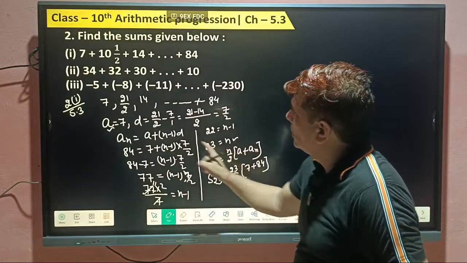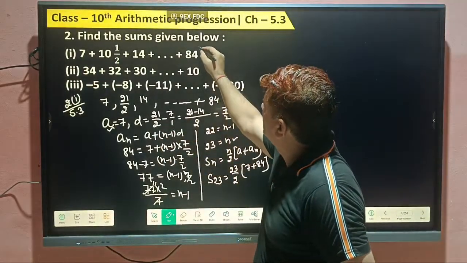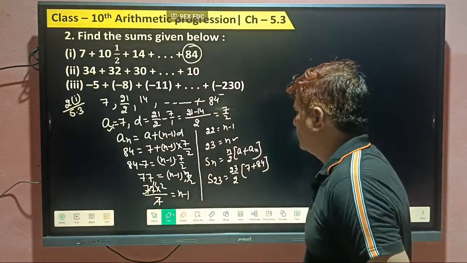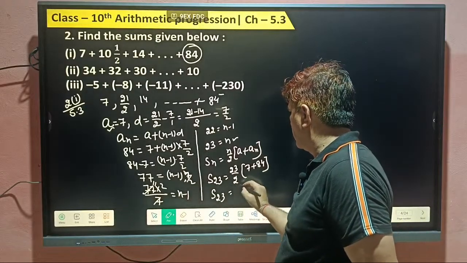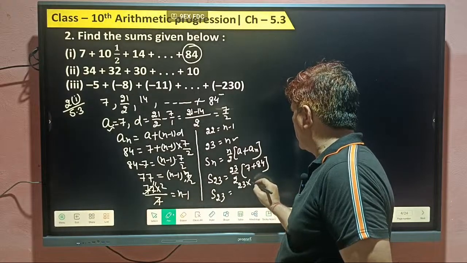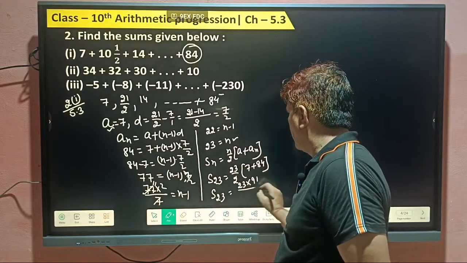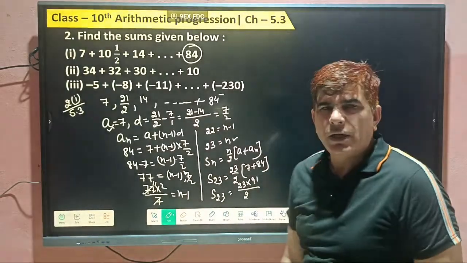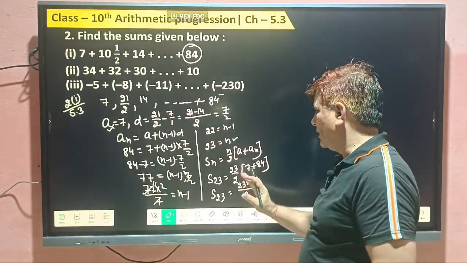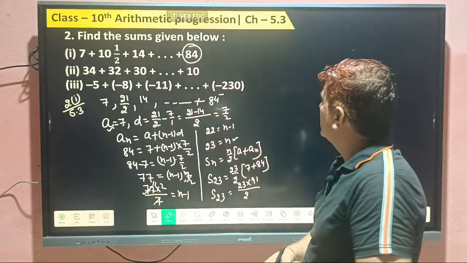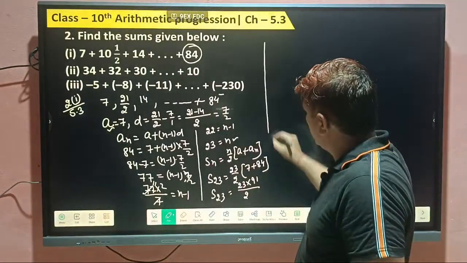An equal to 84, according to your question. So S23 equal to 23 into 91 by 2. You can calculate, only simple calculation is left. Multiply these and then directly you can write S23. Got it?